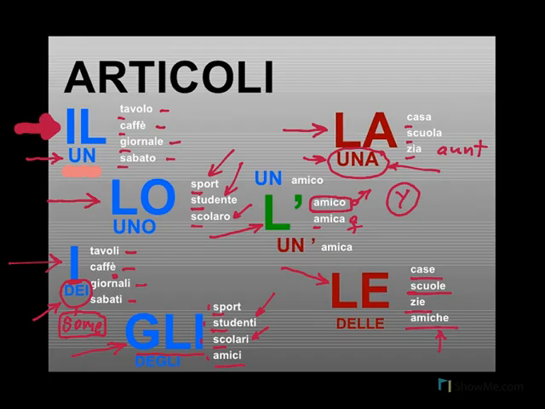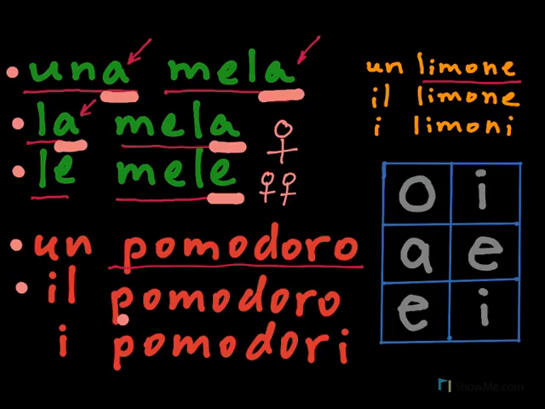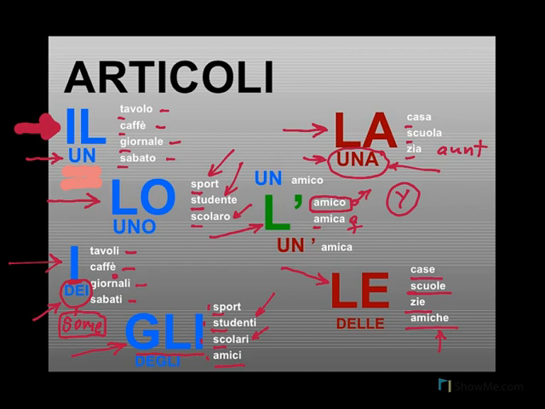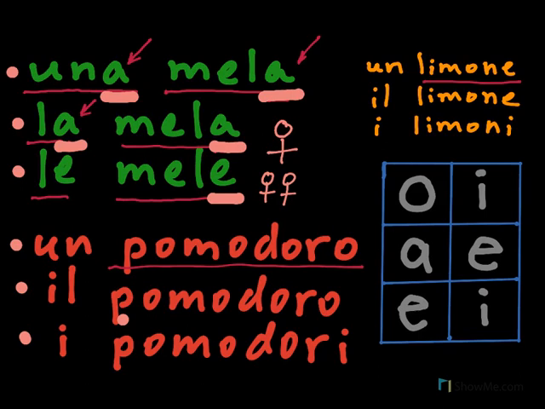You go here, you see il, the definite article preceding the singular consonant. It will be il pomodoro. Plural will be i, and you go back and you see that i will be right here, the plural for masculine nouns. All right, we're going back. Plural will be i pomodori.